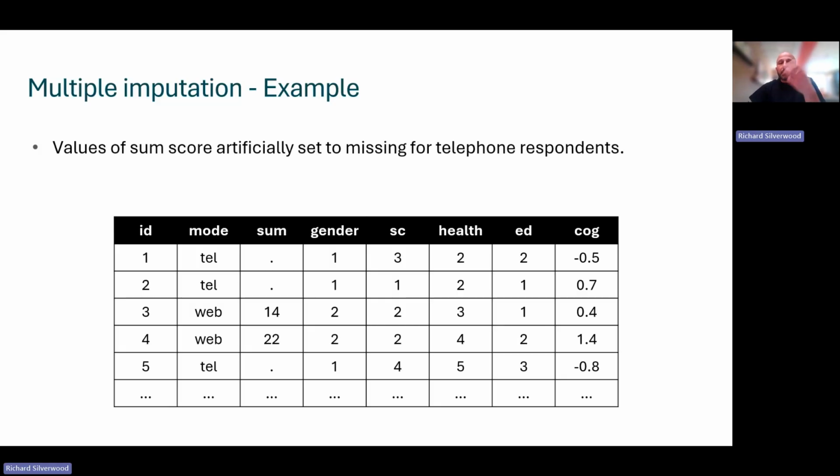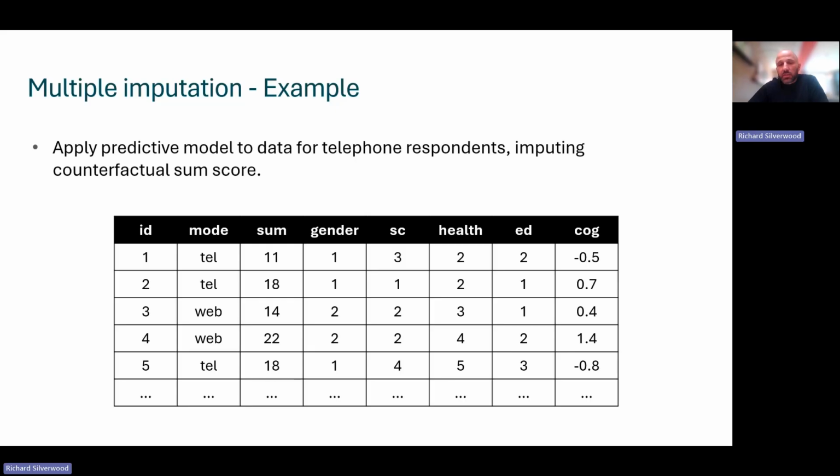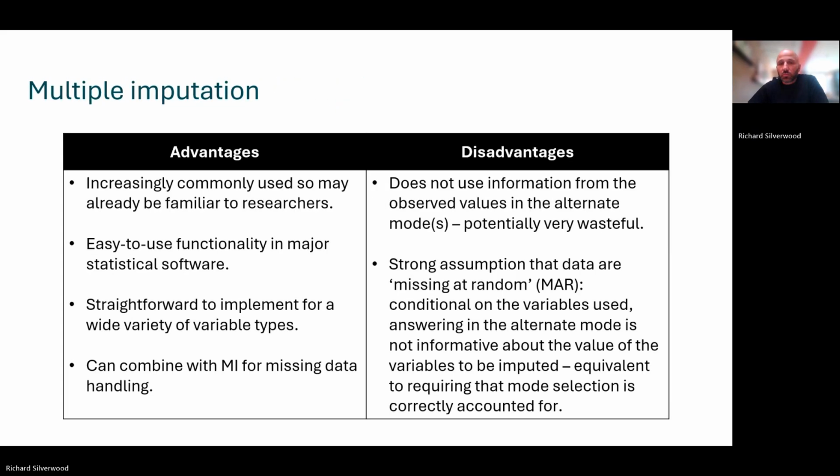When we apply that to our telephone respondents, it's only using their observed information on gender, social class, health, education, and cognitive ability. We've just thrown away the information on their sum score. We essentially may as well not have observed that at all because it's not used in any way. So this is potentially wasteful, but also inefficient from a statistical perspective.